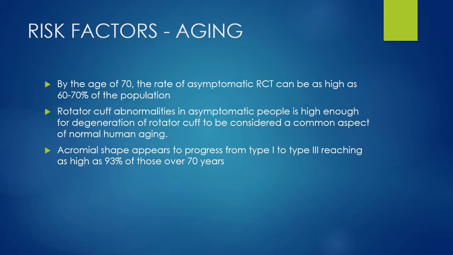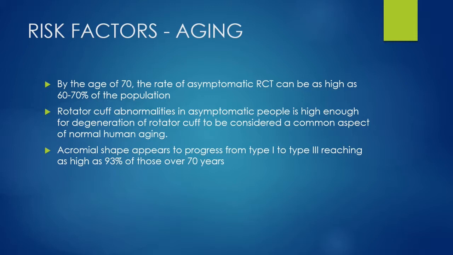And acromial shape appears to progress from a type 1 or flat acromion to a type 3 or hooked acromion, reaching as high as 93% of those over 70 years of age. So amazing. The shape of the acromion process seems to change throughout the aging process, thereby further contributing to external impingement of the rotator cuff and contributing to the development of rotator cuff tendinopathy.